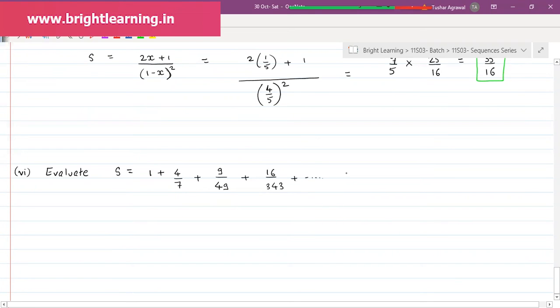The general term is n square multiplied by 1 upon 7 to the power n minus 1, and so on. You have to calculate this sum up to infinite terms.